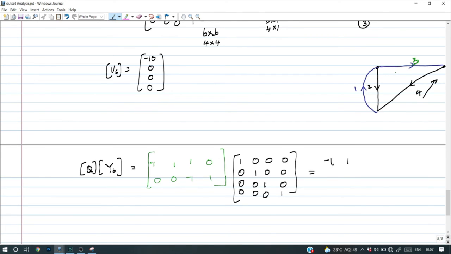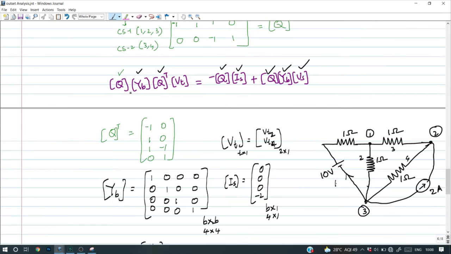Remaining entries are 0. Next, minus 1 into 0, 1 into 0, 1 into 1, 1 will come. Then everything is 0. Next, we multiply this row with these columns. So everything is 0. In the second row and second column multiplication, everything is 0. Here, minus 1 will come. Here, 1 will come. So this is your Q into YB matrix. So this product Q into YB is known to us.